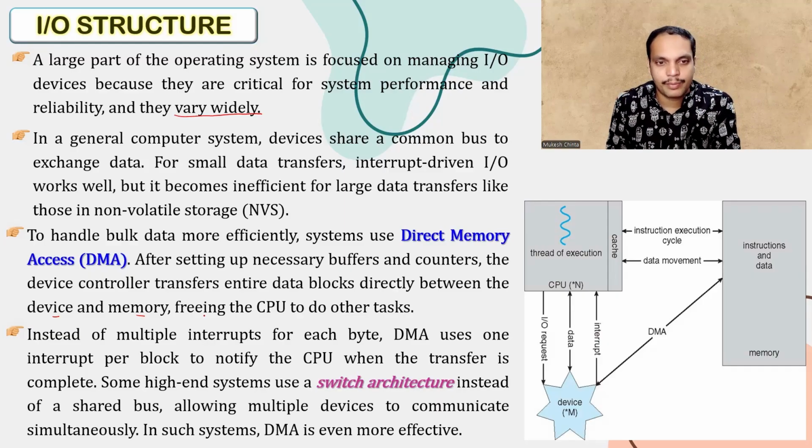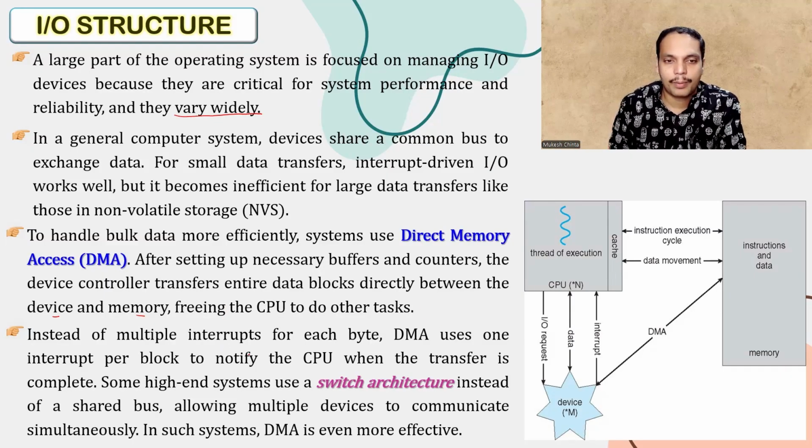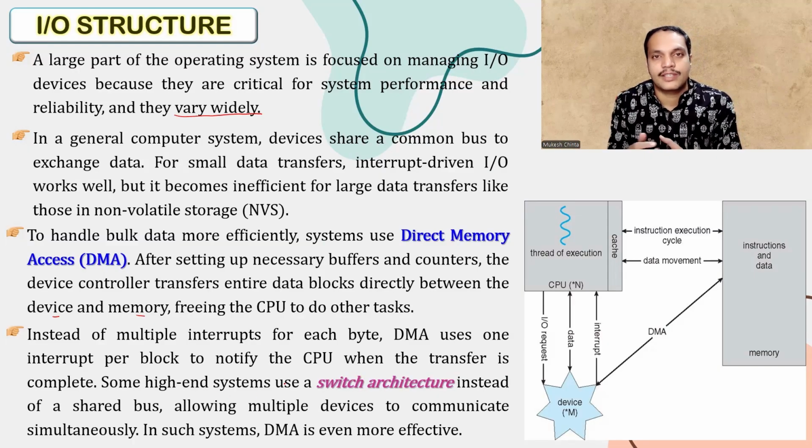So instead of multiple interrupts for each byte, DMA uses one interrupt per block to notify the CPU when the transfer is complete. Some high-end systems use a switch architecture instead of a shared bus, allowing multiple devices to communicate simultaneously. Ante okate kakunda switch architecture means they can communicate simultaneously at the same time. In such systems, DMA is even more effective.